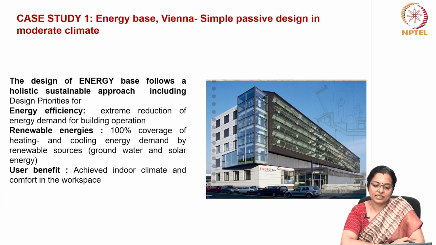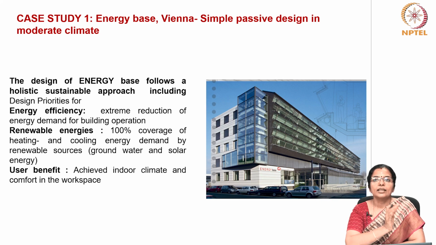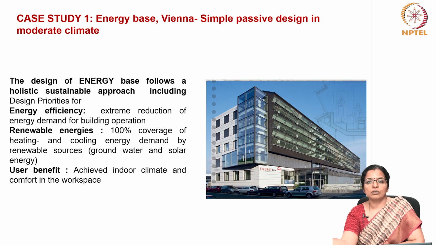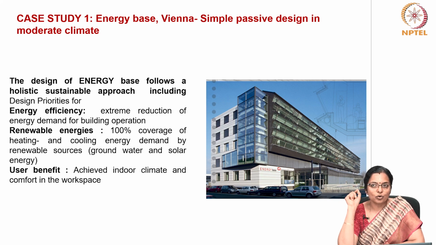We will look at the case study of Energy Base in Vienna, which follows a simple passive design of a moderate climate. The design of Energy Base follows a holistic sustainable approach including design priorities for energy efficiency, extreme reduction of energy demand for building operation, renewable energies, 100% coverage of heating and cooling energy demand by use of renewable sources, especially solar PV, and also underground.